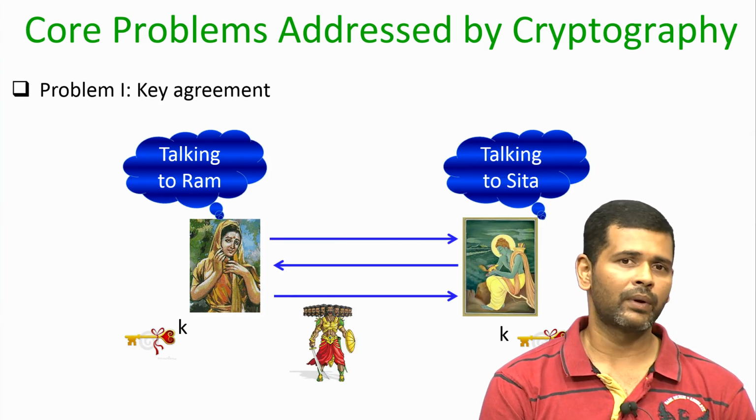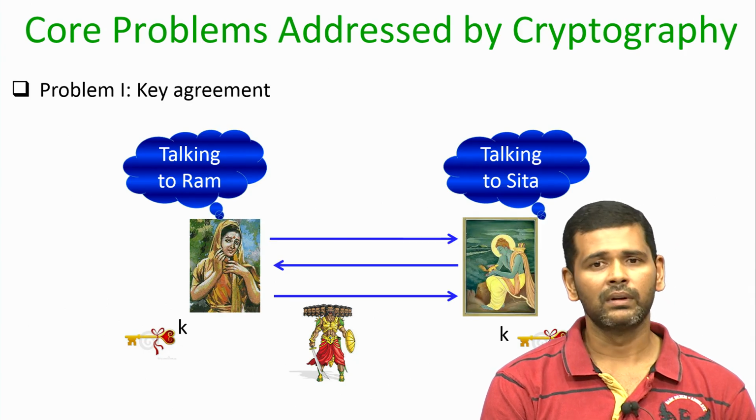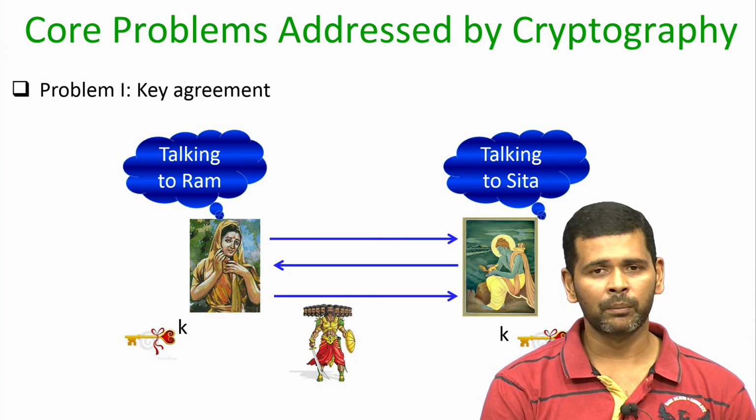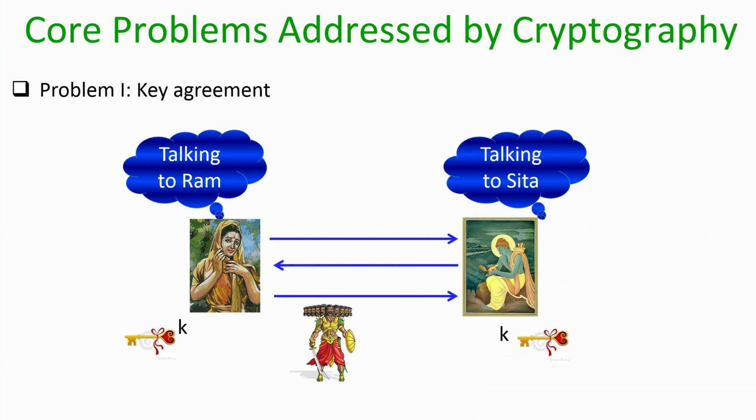The security requirement from the key agreement protocol is that even though the sender and the receiver are talking publicly, and if there is a third party who is actually eavesdropping the communication or noting down the entire communication which is happening between the sender and the receiver, then the third party should not be able to figure out what exactly is the key which sender and receiver are going to output at the end of the protocol.